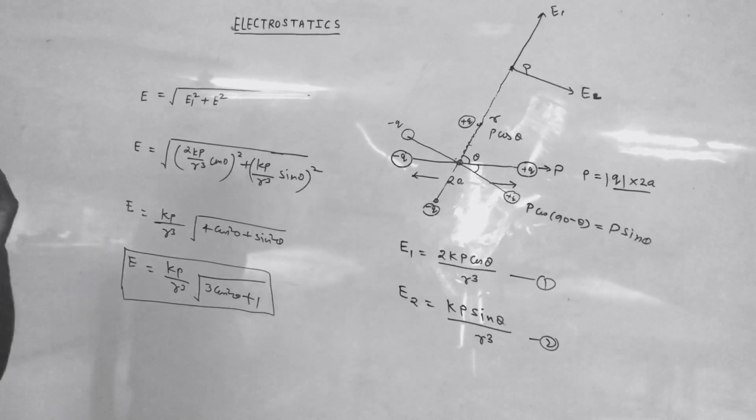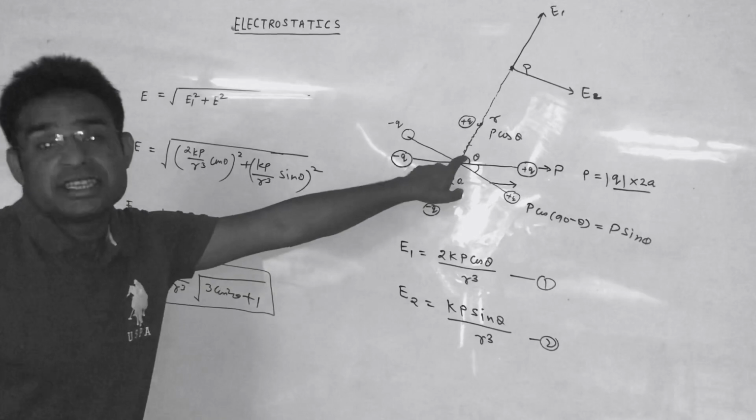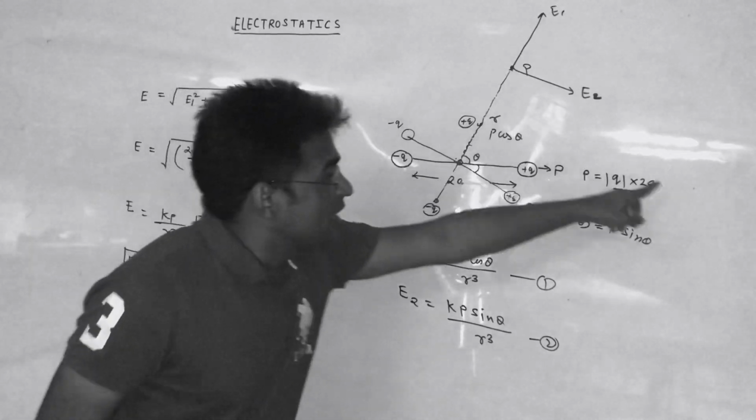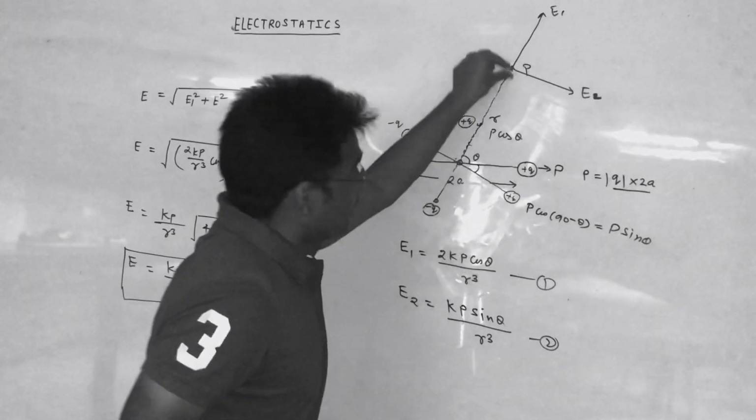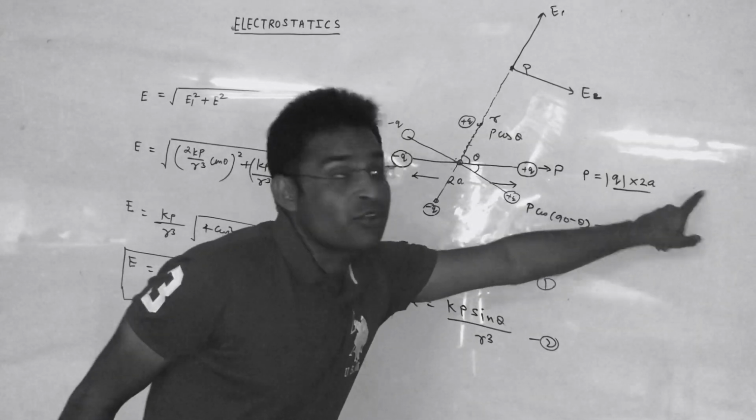Now, this is for any point, for any angle theta. If I want to find it for the axial point, I rotate this line so this angle theta becomes 0. It means I am talking about the axial line.